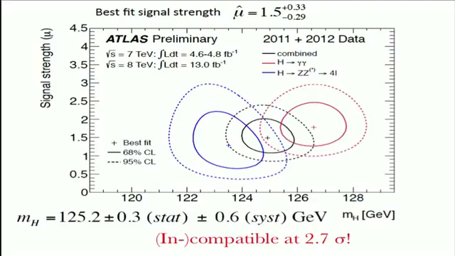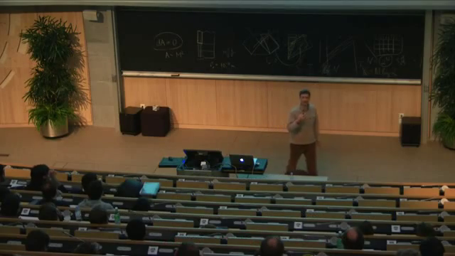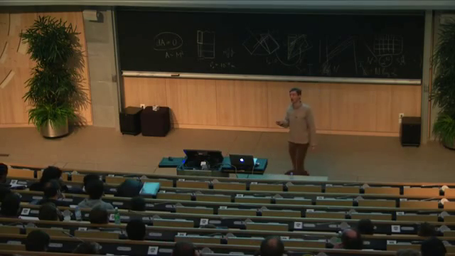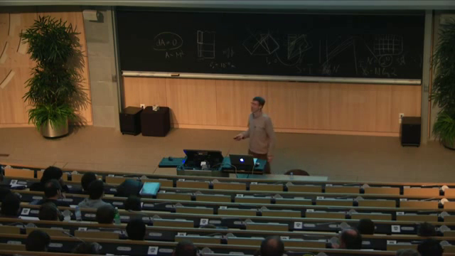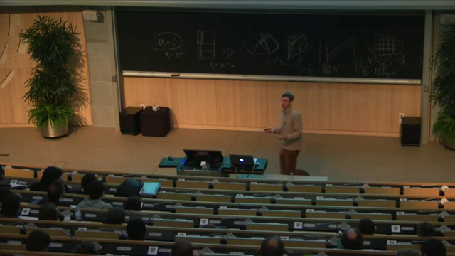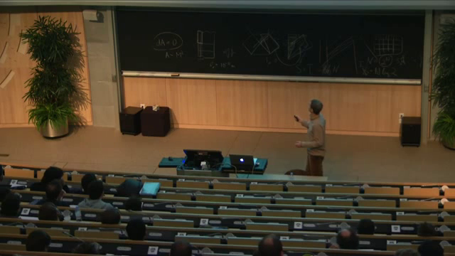And this is the result in a plot where the axes are the Higgs mass, horizontal, and vertical is what we call signal strength, which means the observed rate in units of the standard model prediction.